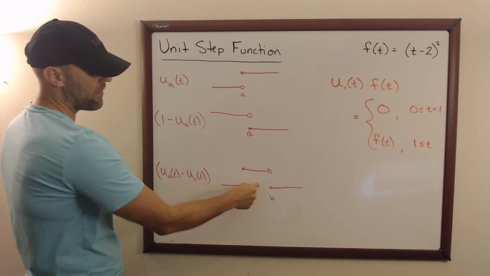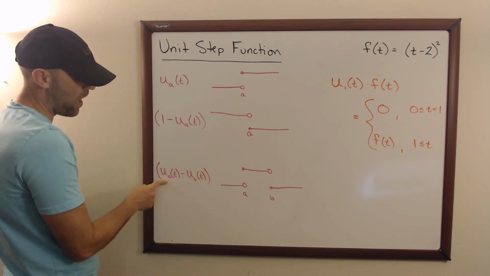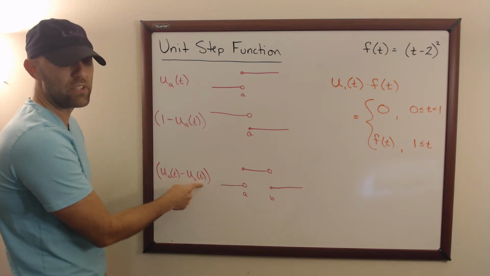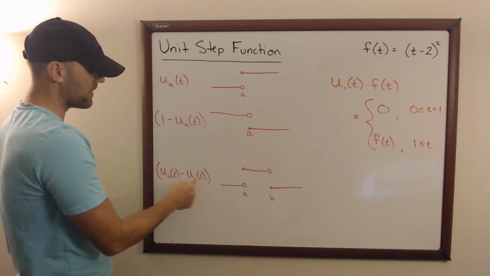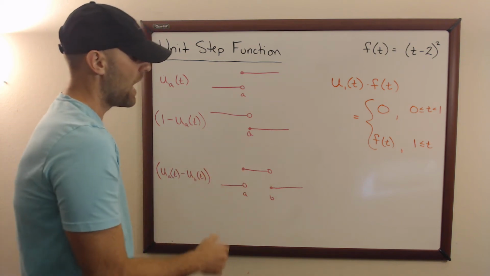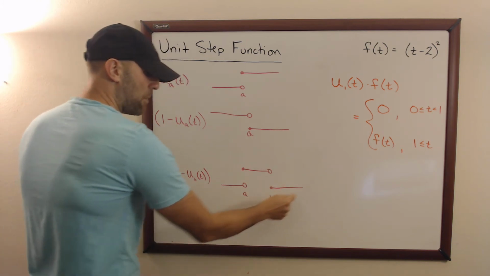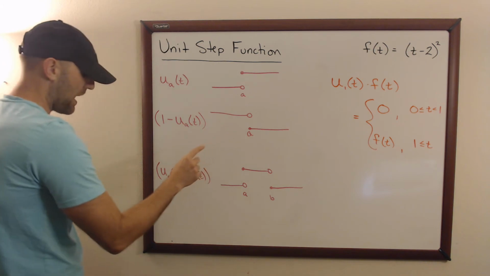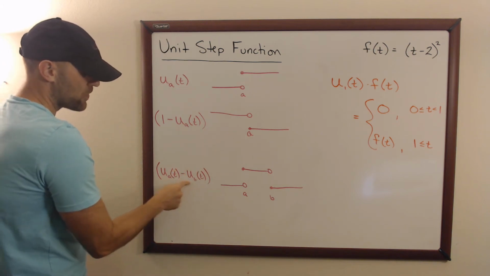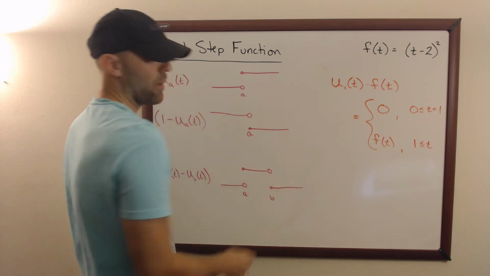Then it's to the right of a and the left of b. That means this function will be 1, and this one will still be 0. So it'll be 1 minus 0, that's 1, so my function is 1. And if I pick something to the right of b, then it's to the right of both values, and then these functions are both 1. And 1 minus 1 gives me 0 again.